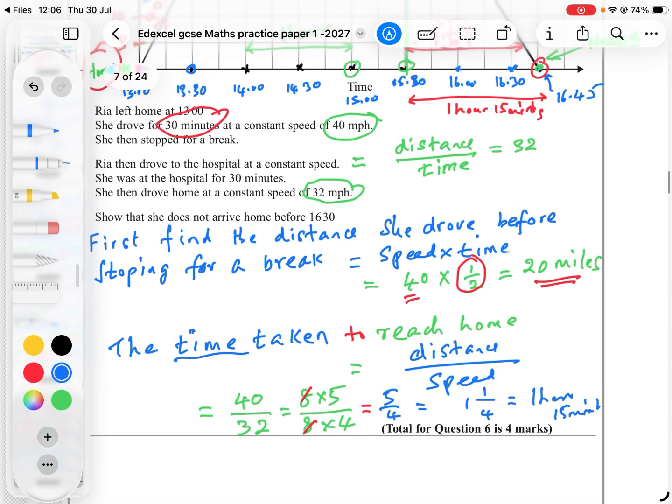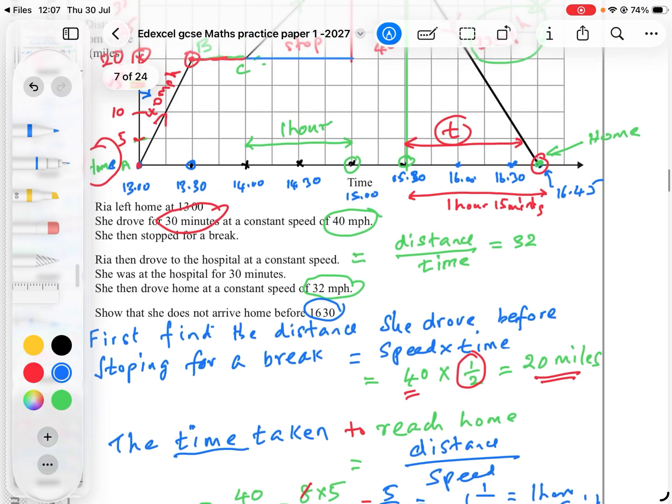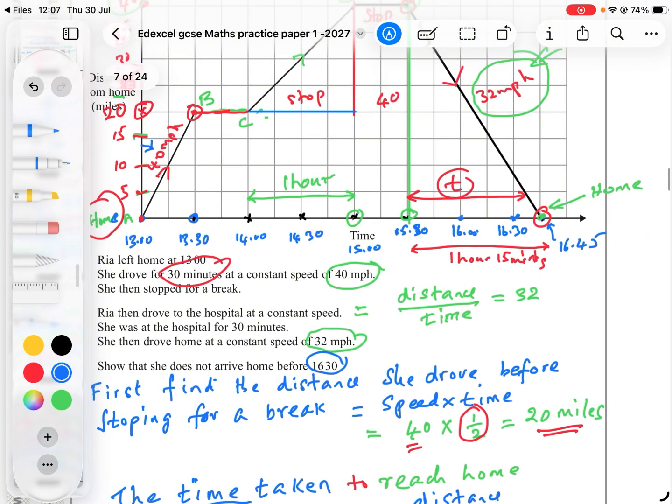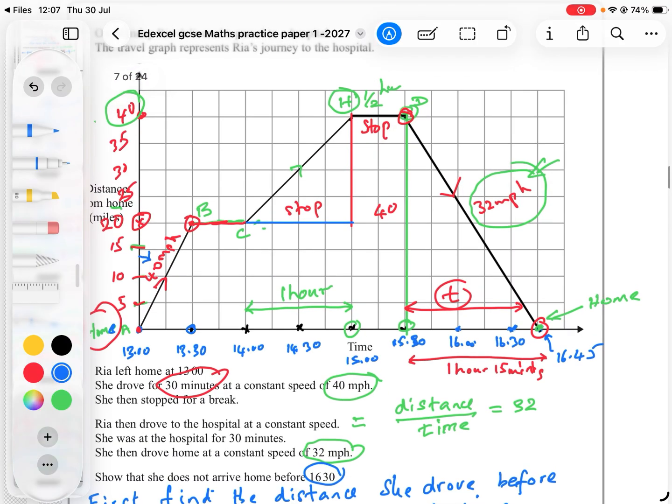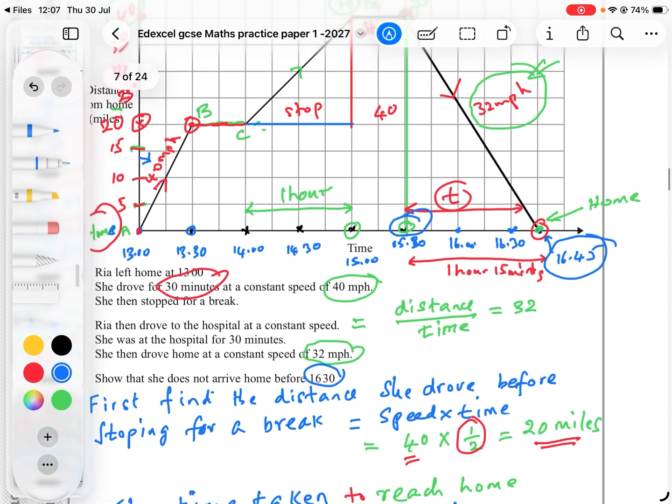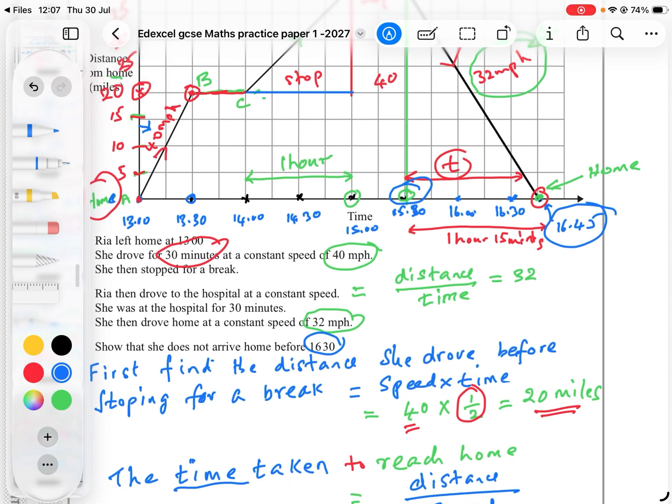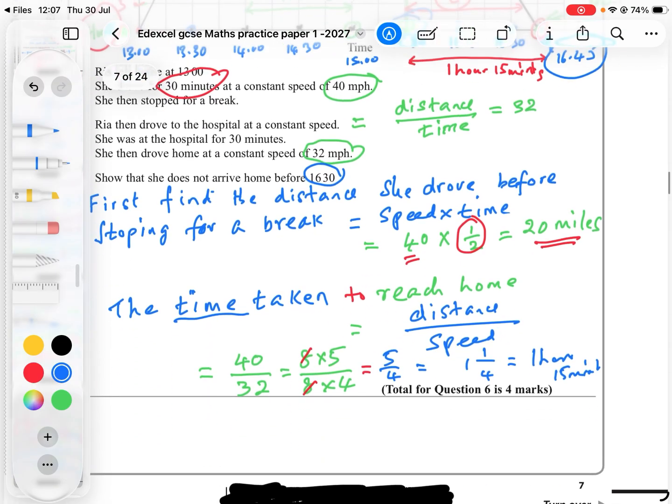So does she arrive home before 5:30? When she arrived at the hospital at 3:30, adding 1 hour 15 minutes, she arrived home at 45 past 4 p.m. So she doesn't arrive home after 5:30.